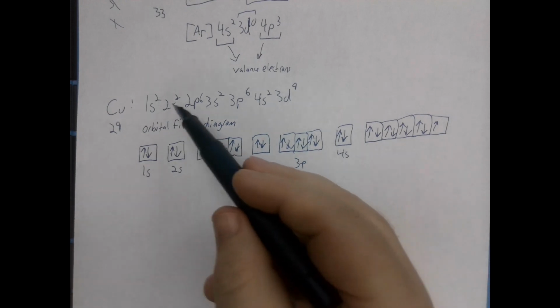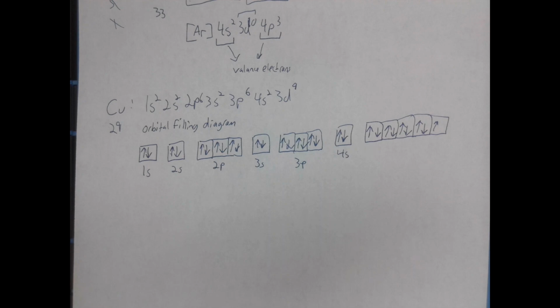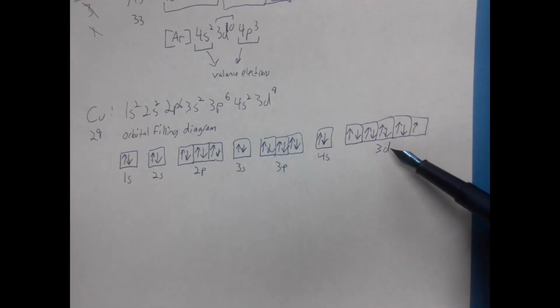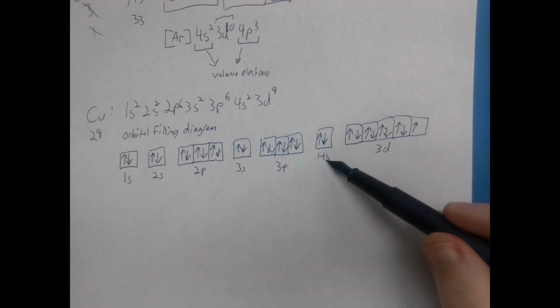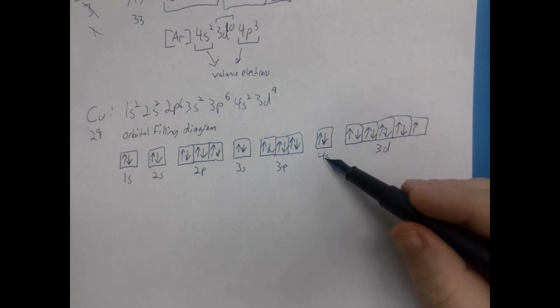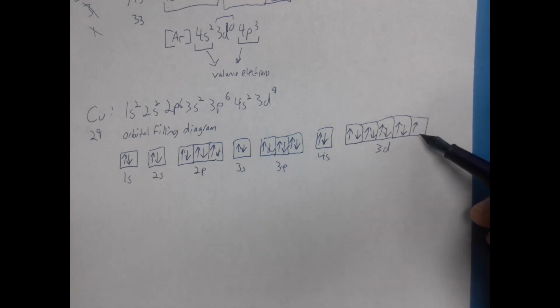So according to Aufbau's rule, this is how we should fill it. But this is not the actual electron configuration of copper. This is energy level 3, and this is energy level 4. Technically, this has higher energy than energy level 4, but look at how many electrons are in this one, and look at how close it is to being full.